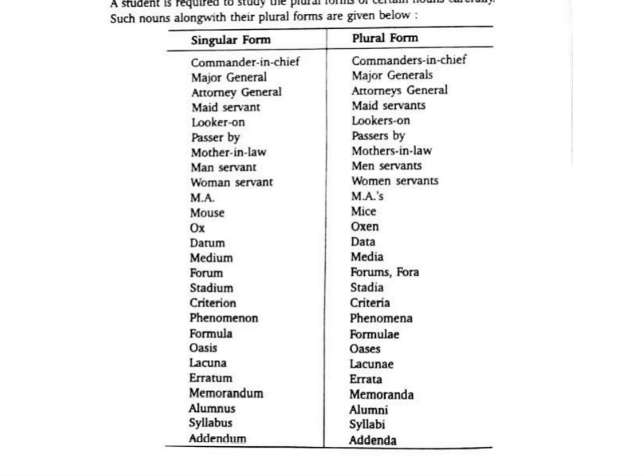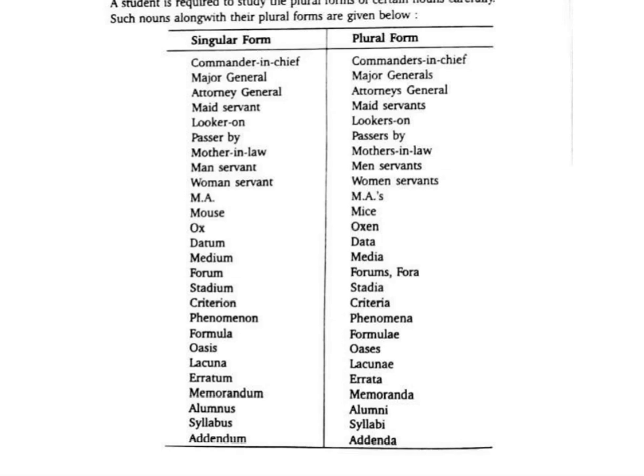Oasis, oases, a difference in the spelling. Lacuna, lacunae, the pronunciation is also different. Erratum, errata, that's a plural form. Memorandum, memoranda. So you see, many of these words have come from Latin, so that's why we get confused.